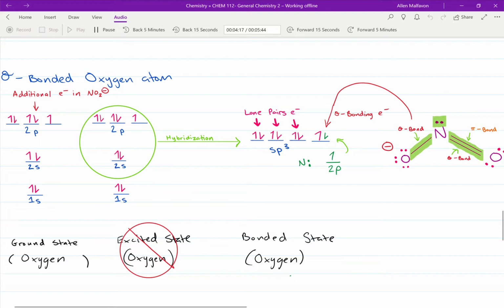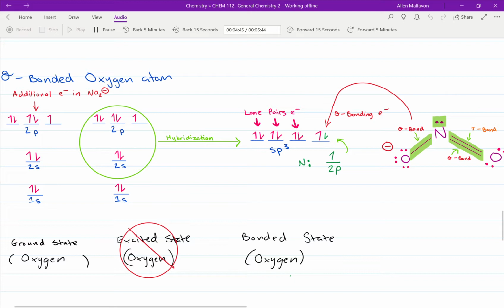So not sp2 but sp3 orbitals, because this oxygen atom has 4 electron regions. It has 3 lone pairs and 1 bonding pair, as opposed to previously we had an oxygen atom with 3 regions. We had two lone pairs of electrons and a region including a double bond.